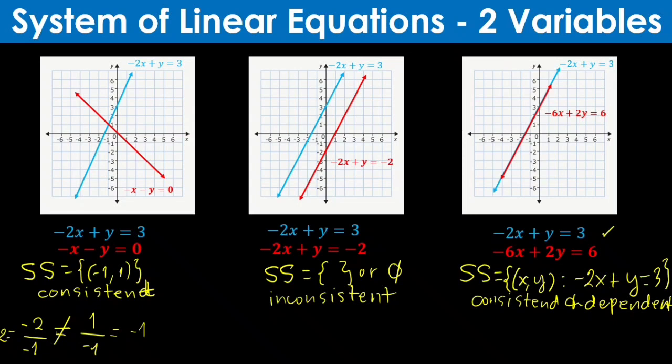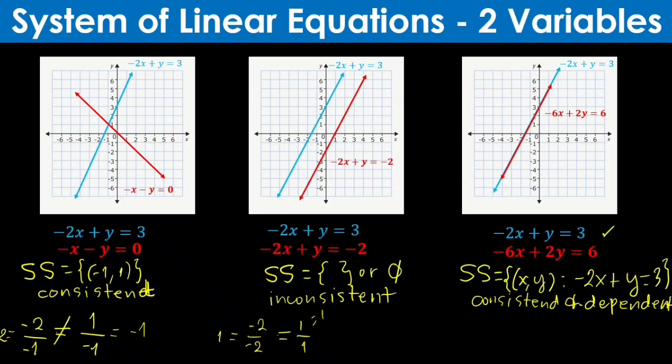Now if you look at here, we have the ratio of the coefficients of x is -2 over -2. That's actually equal to 1. And the ratio of the coefficients of y, that is 1 over 1, is also equal to 1.